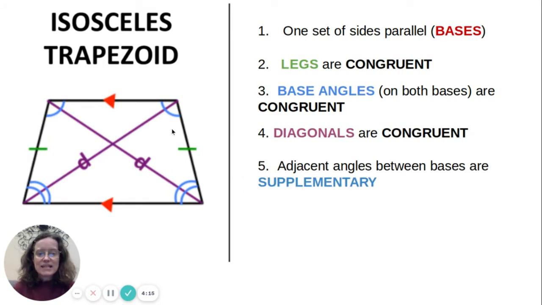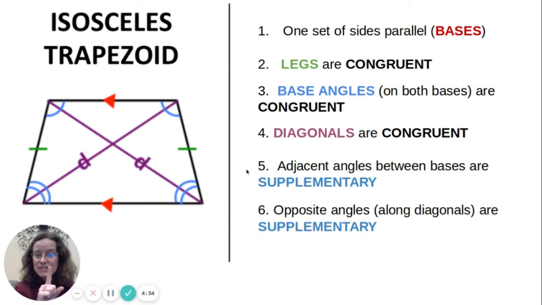The adjacent angles between the bases, just like in an ordinary trapezoid, these are still supplementary. So this guy on top and bottom here, and this guy on top and bottom here, those are still supplementary, but now they just happen to match the one across from them as well. Bonus though, since we had congruent legs, these opposite angles are also supplementary.